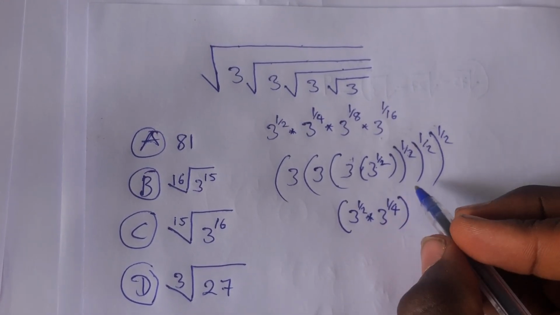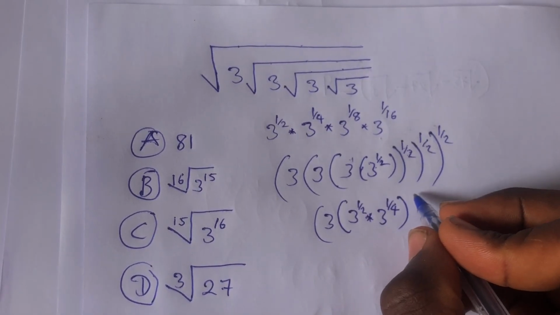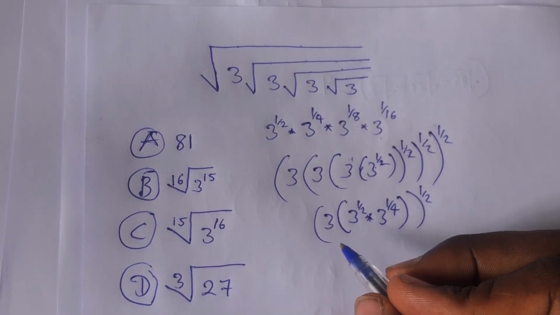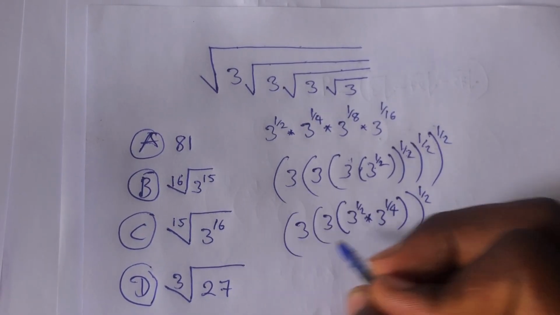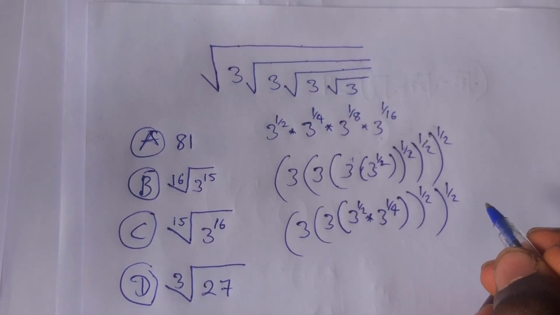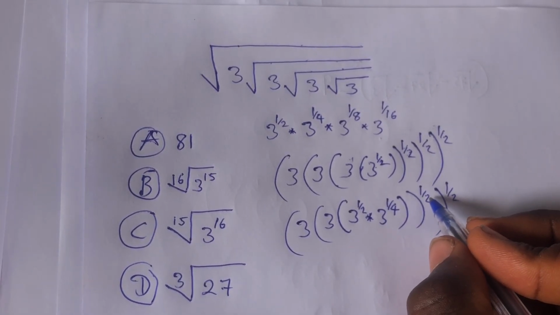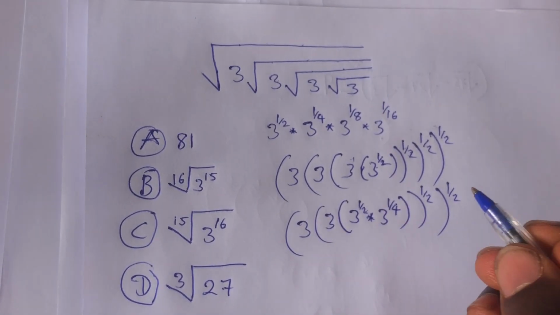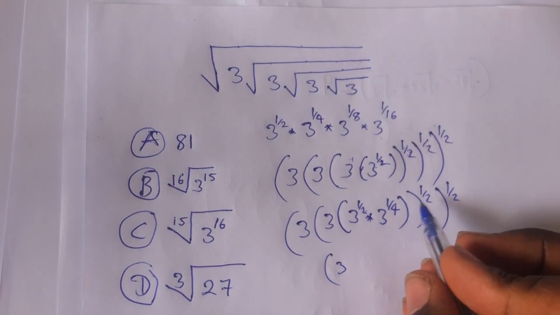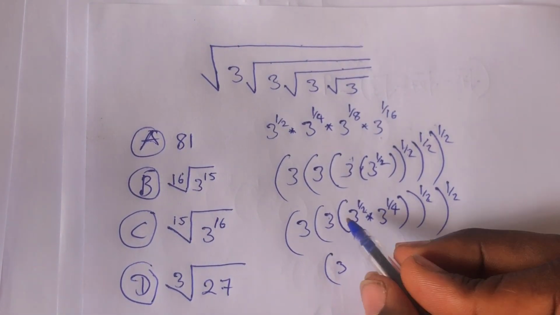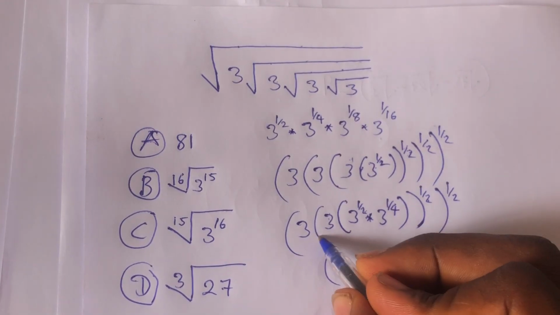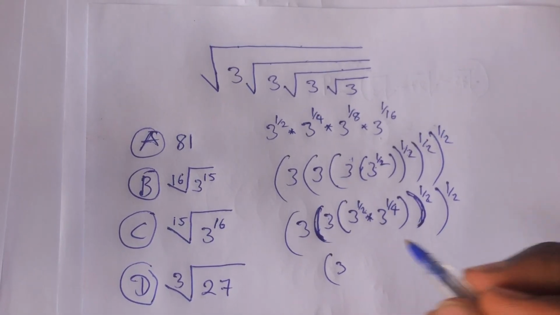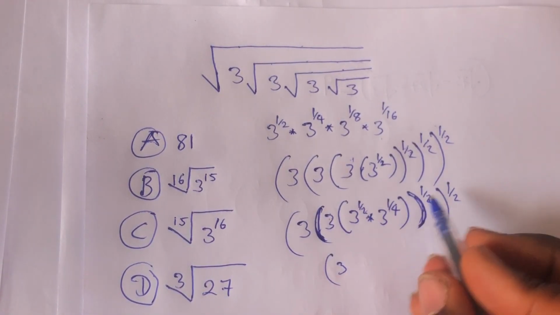Everything is going to be multiplied by 3 raised to power 1 over 2. The same thing here again, 3, everything raised to power 1 over 2. So this power can multiply this and this again, and we'll have 3 raised to power, this times this, because it's in the same parentheses. Look at it, this and this is closed in the same parentheses here. We can multiply this with this power.